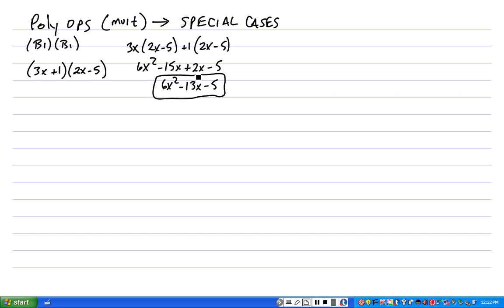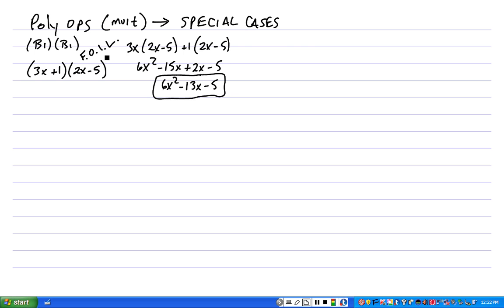Okay, that's based on what we just learned. Now, because we're multiplying two binomials, there's another method we can use, and it's called the FOIL pattern. FOIL, F-O-I-L, and it stands for first, outside, inside, last.